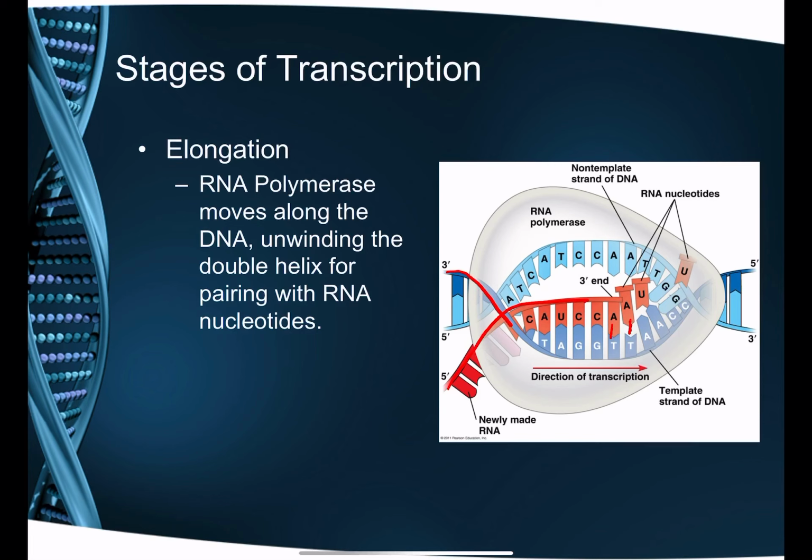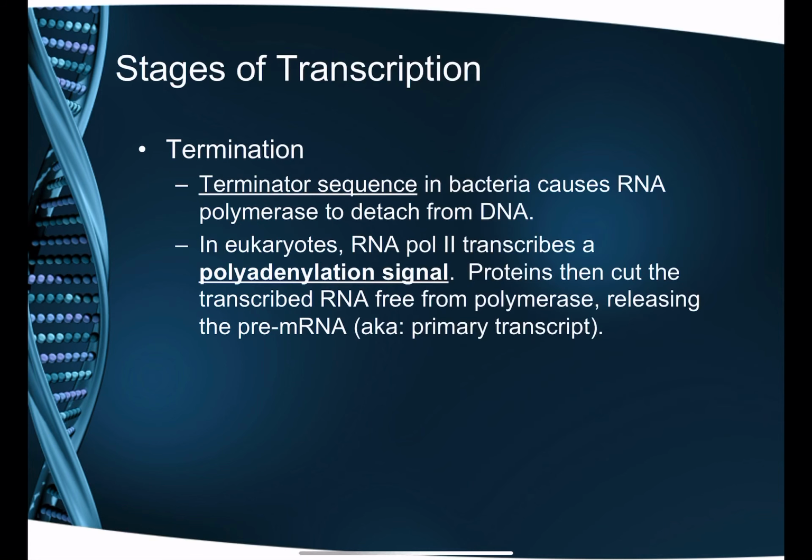Notice this is the template strand here, and it's being read 3' to 5', which means the RNA is being synthesized 5' to 3'. This big gray blob is our enzyme polymerase, and the transcription is going in the downstream direction. All right, so that's initiation, elongation, and then the last is termination.